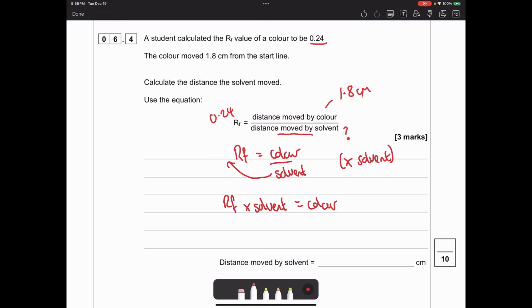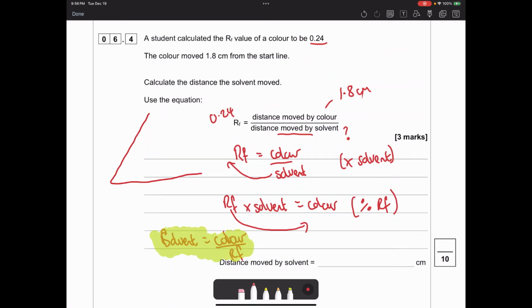And then to get the solvent by itself, you would divide the colour by RF. So you move the RF basically down to the other side. So solvent equals colour of your ink divided by RF. So this is the rearranged equation.